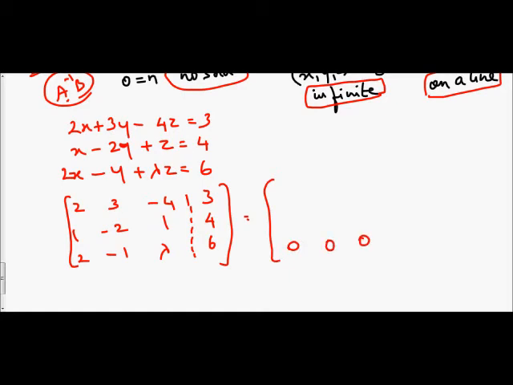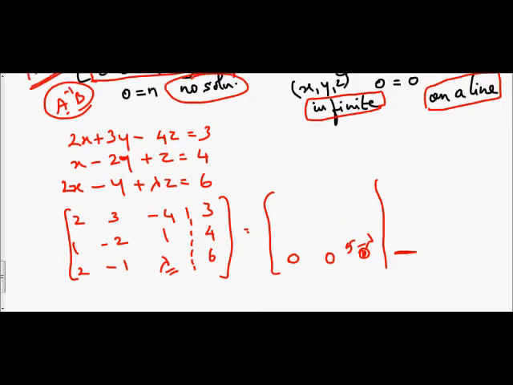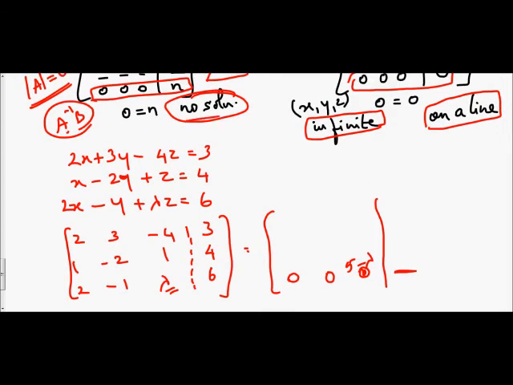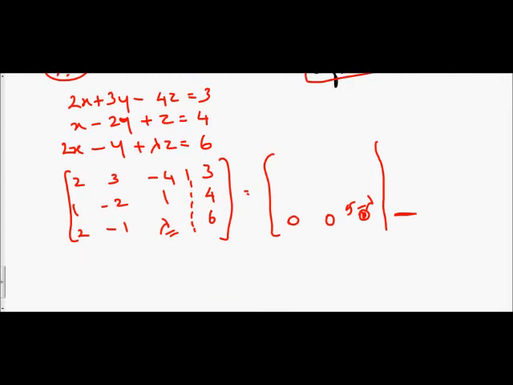Bring this to 0 0 0, and you cannot make the last entry 0 because it's in lambda. So you'll have, say, 5 minus lambda, and a number here because it says no solution, say 6.